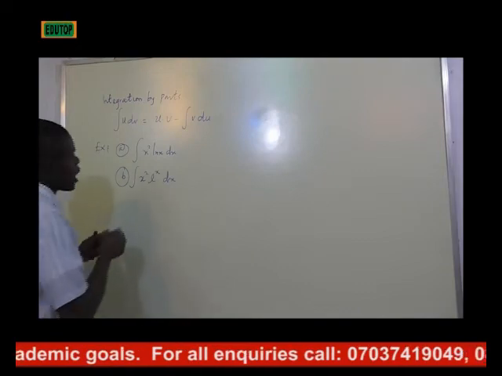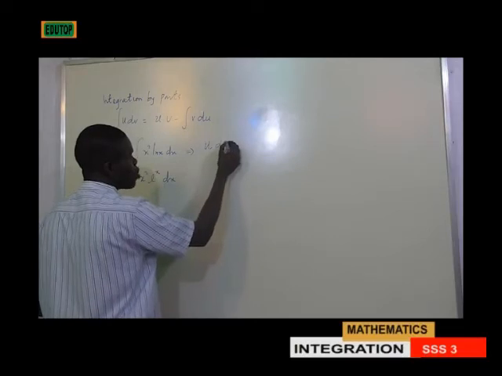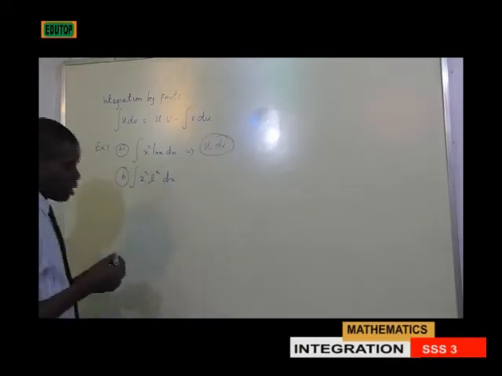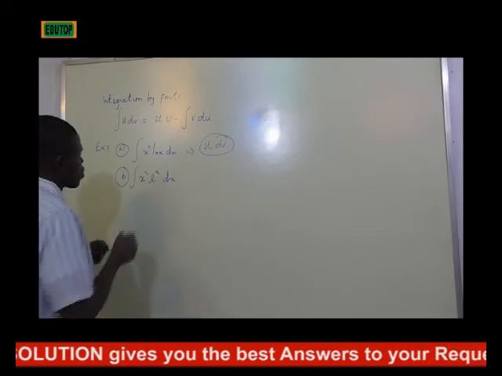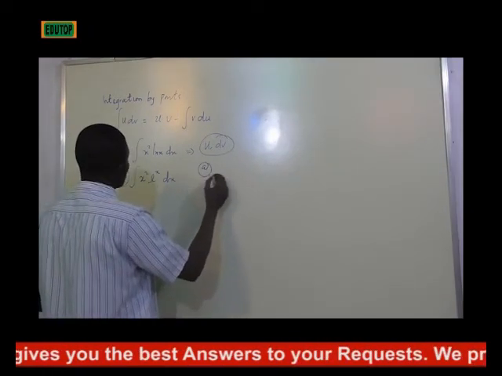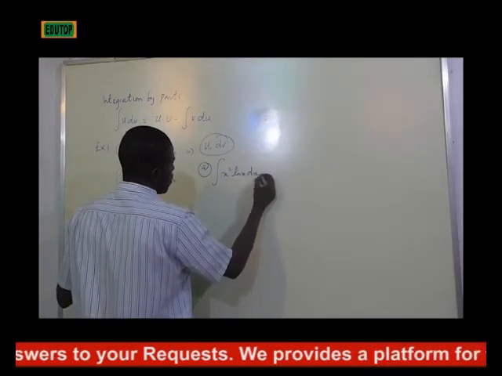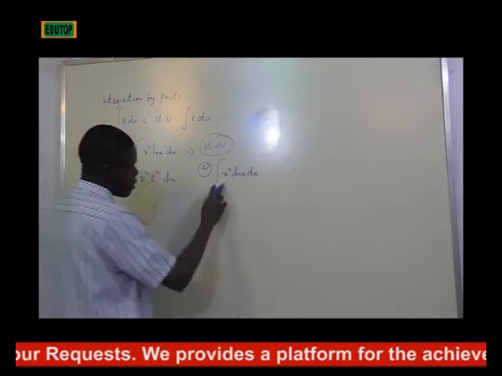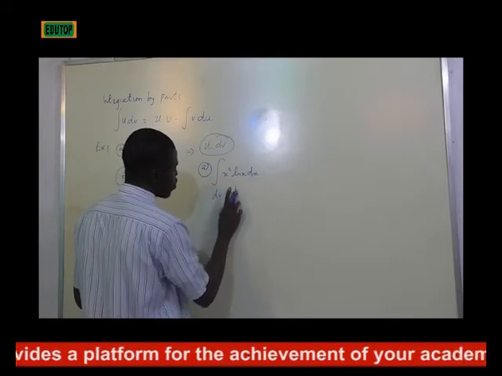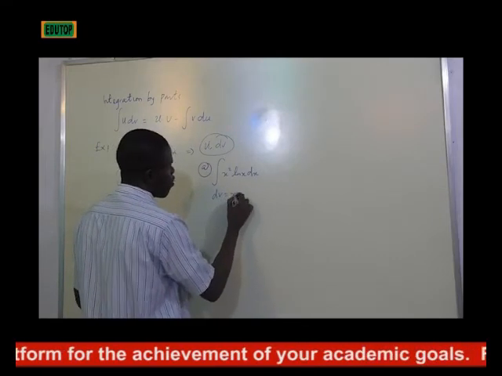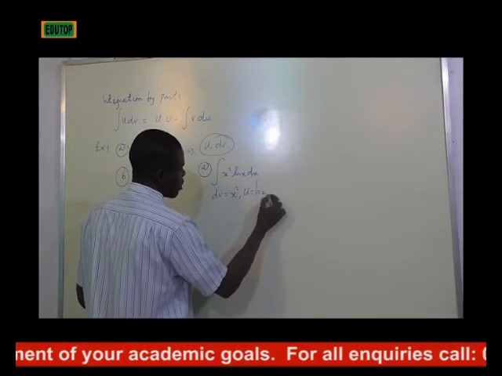So when you get to a situation like this, the first thing is you must not choose your u and v wrongly. The moment you choose your u and v wrongly, then you will not get the accurate result. So in this part a, where I have the integral of x squared ln x dx, since I know that I can integrate x squared easily, then my dv will definitely be x squared, while my u will be ln x.